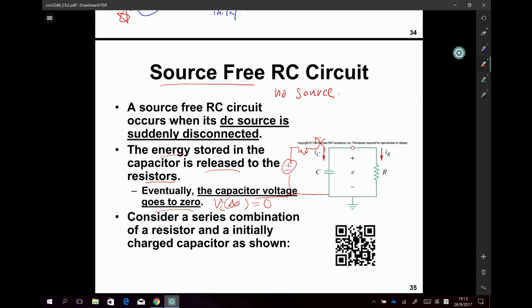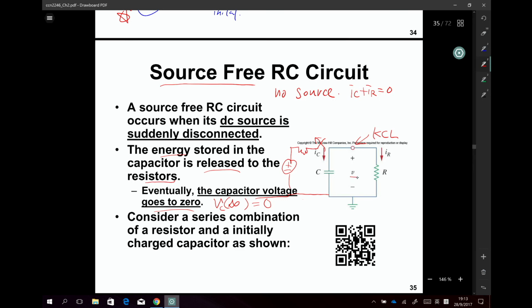Now, consider this circuit. We are going to generate some equations. We can apply KCL to this node. If the current passing through the capacitor is iC and the current passing through the resistor is iR, by KCL you can put down iC plus iR equals 0.